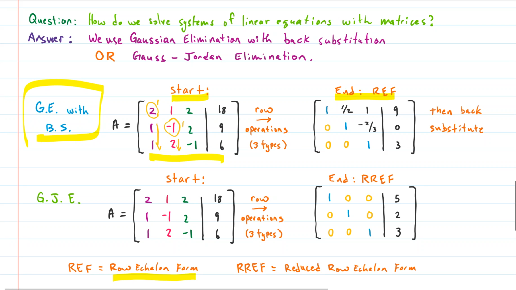And then we keep doing this process, going right a column and down a column until we get to the very bottom. We change that to a 1. And when that's done, then you can see that our diagonal elements are all 1s, and everything below the diagonal is a 0. Once we've hit that form, that's called row echelon form, and we back substitute.